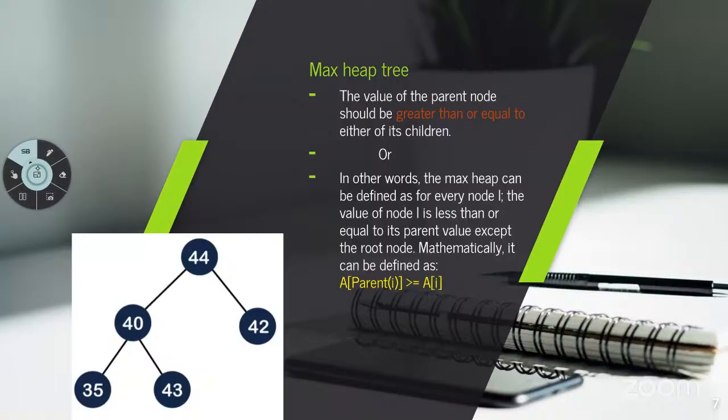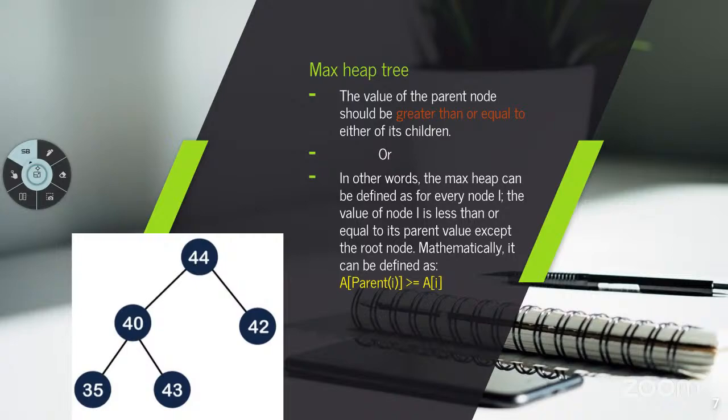Compulsory greater than or equal. Here a new concept came: or equal means duplicates are allowed. Duplicates are not allowed in B tree, AVL tree and BS tree. Now duplicates are allowed, greater than or equal to.